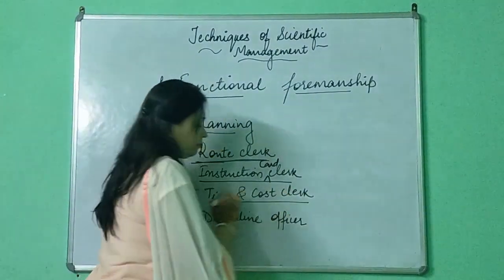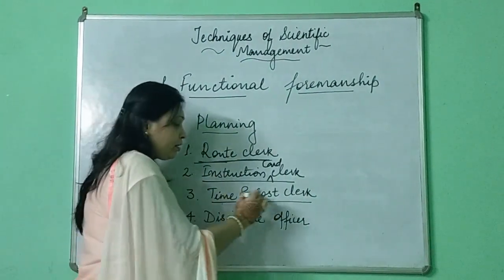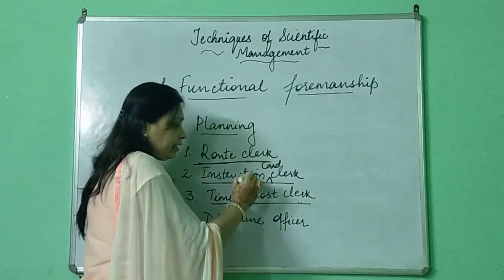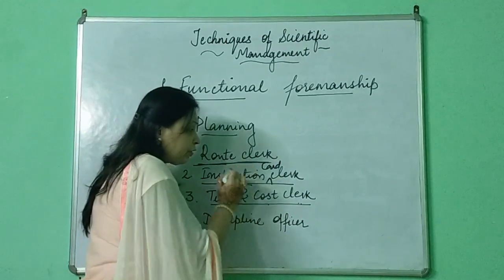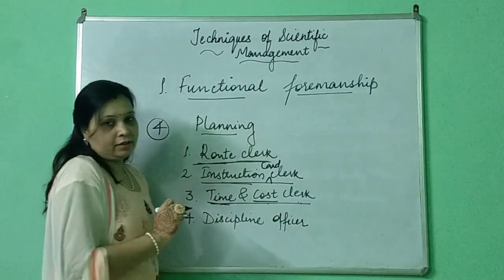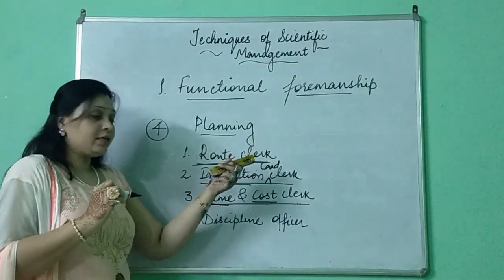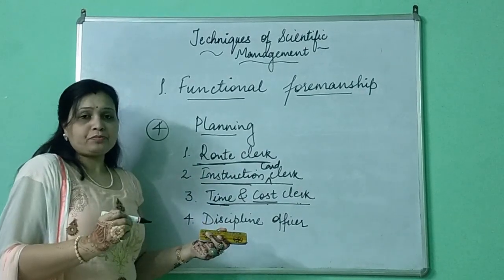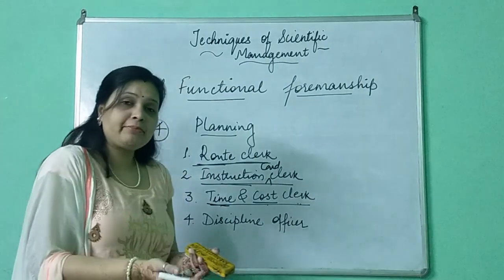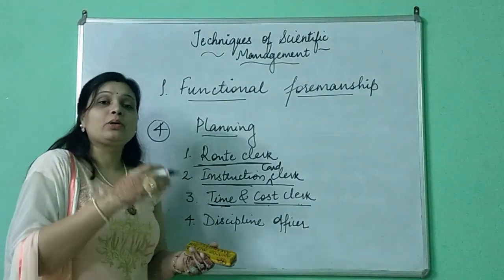Time and cost clerk. You can understand by its name itself. He decides, in doing this particular activity, whatever activity they have decided, how much time should be taken and how much cost should be incurred. Means he will decide how much time is required for doing this activity in a particular manner. If the production department is taking more time than decided here, then the necessary actions will be taken as to why the work is delayed.